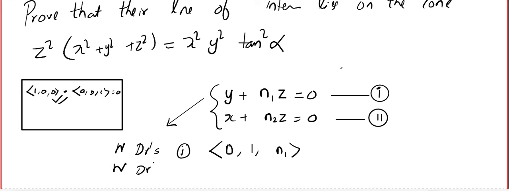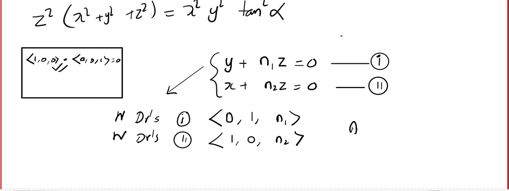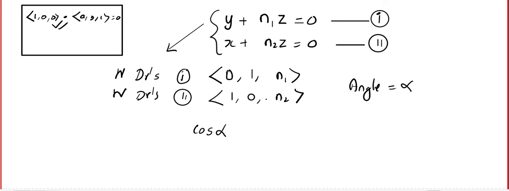Direction ratios of the normal of plane 2: 1, 0, n2. Angle between them: alpha. So here we get the relation for one line. One of the lines is given by this, did you understand? We are getting the generating line actually. For one of the lines, because the angle between them is alpha, I am going to connect them.